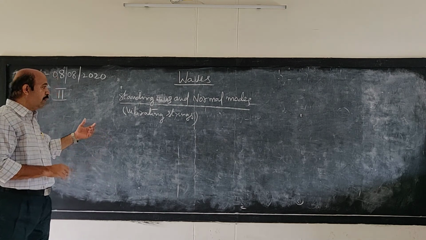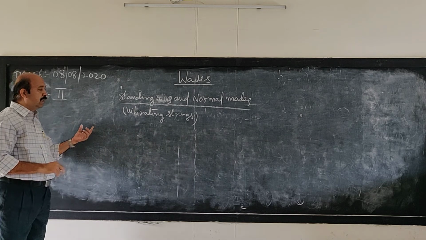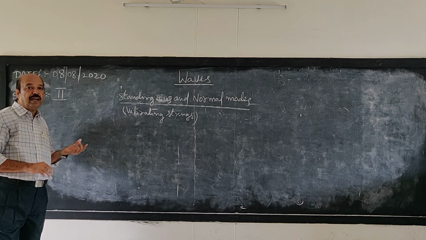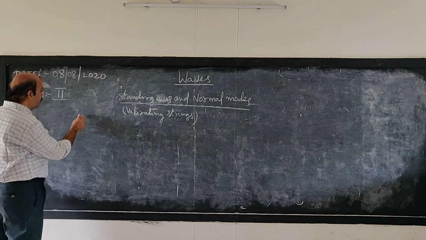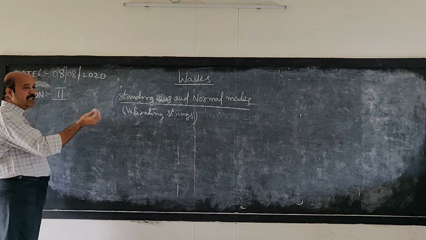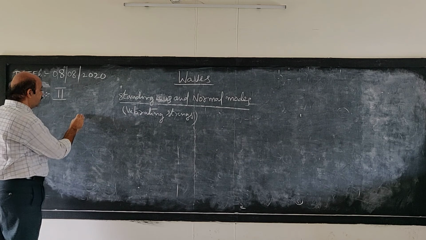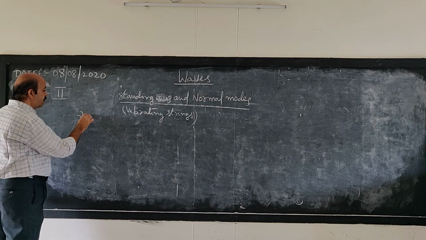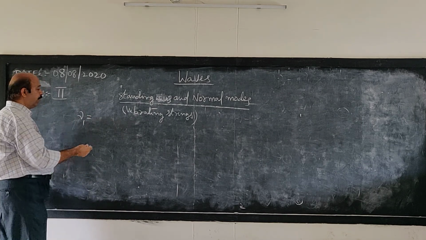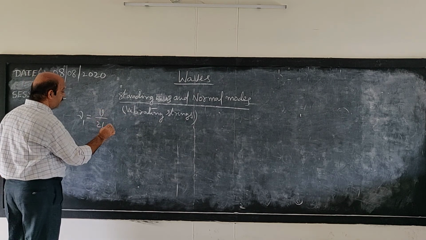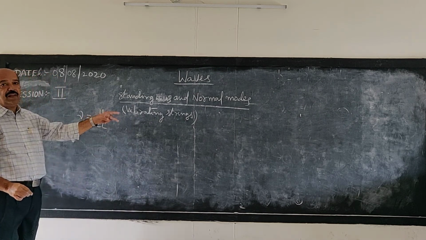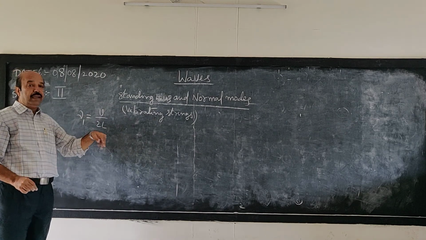So we can discuss some laws regarding the transverse vibrations of stretched strings. For the fundamental frequency of vibration, the formula we got is nu 1 is equal to V by 2L, where V is the transverse wave velocity in the string and L is the length of the string.